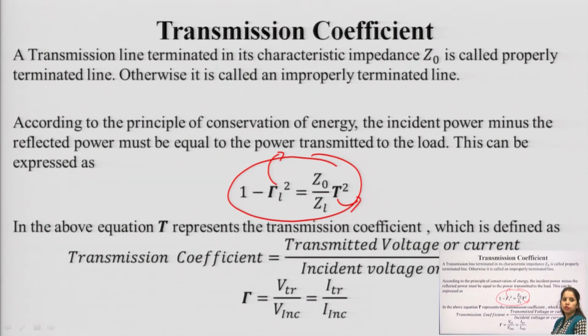Before going through the expression of the power, let us first derive the expression for the transmission coefficient, which is our capital T here. So, the transmission coefficient is what? Transmitted voltage or current upon the incident voltage or current.